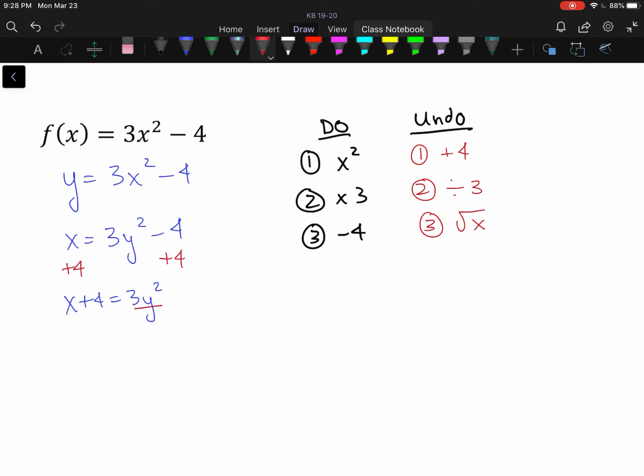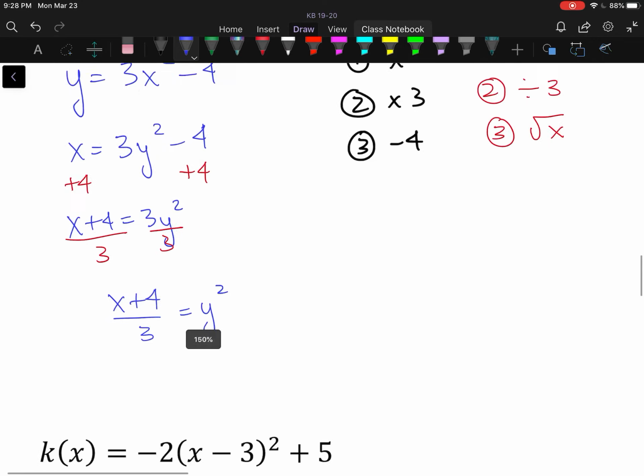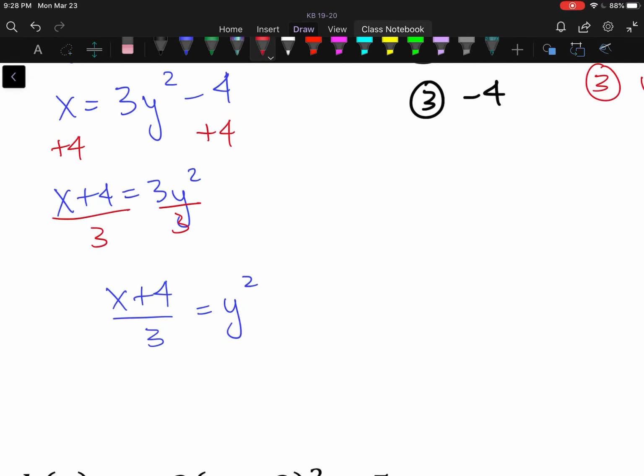Next step would be to divide by 3. So that gives us x plus 4 over 3 equals y squared. I suggest you just leave it as it is at the moment. When we talk about graphing later, I'll show you how to get around the difficult part of this. Our last step is to square root.